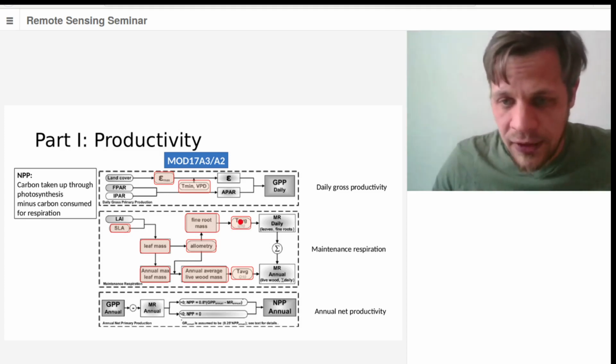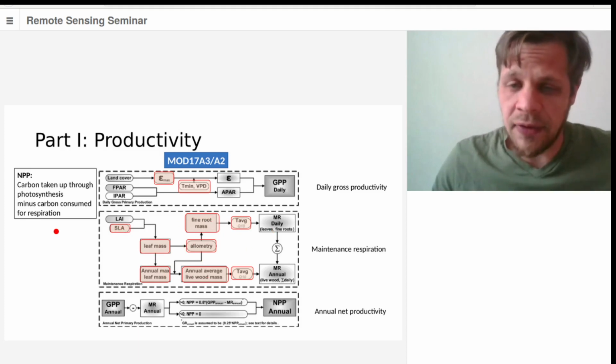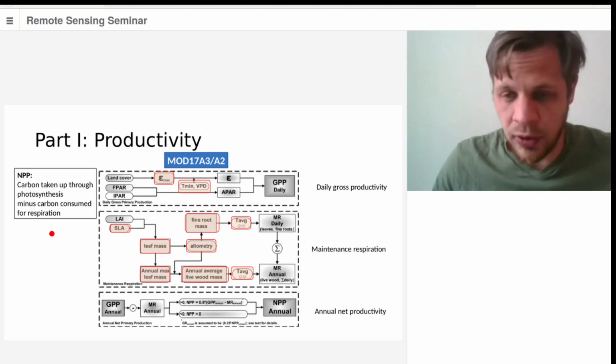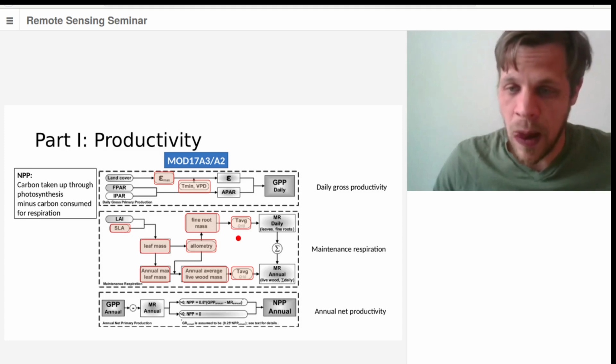All these blocks that I marked here in red are data that come either from other MODIS products or from these biome-specific lookup tables.